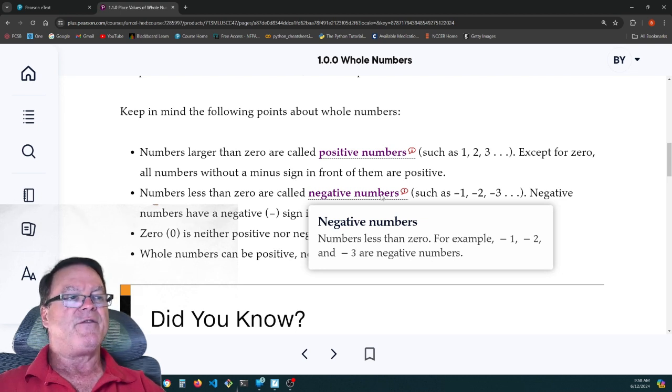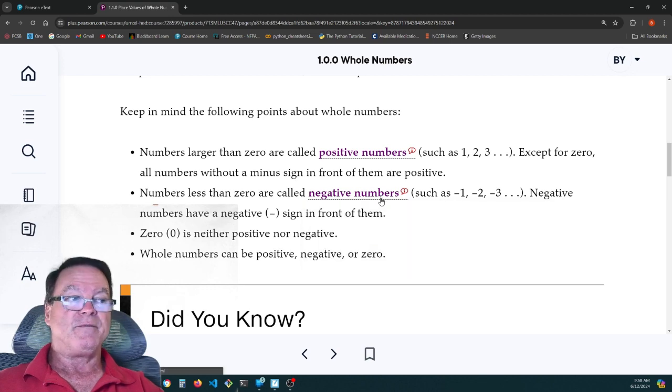If you're not familiar with the concept of negative numbers, say I have a bill, I owe this company $100. So that's -$100. I have to take $100 out of my bank account and give it to that company. I have to get rid of $100.